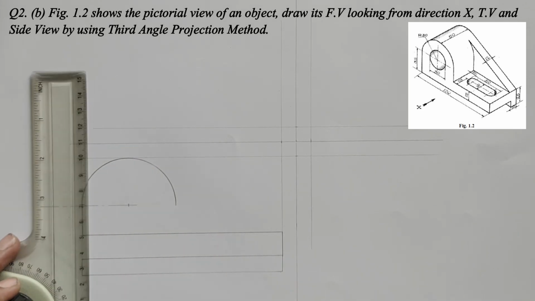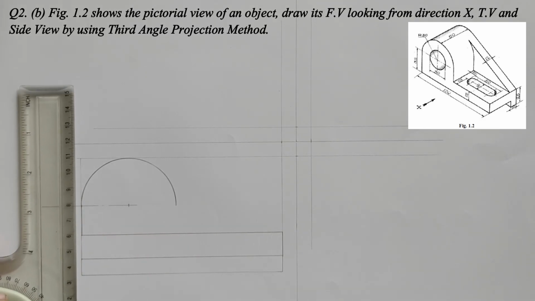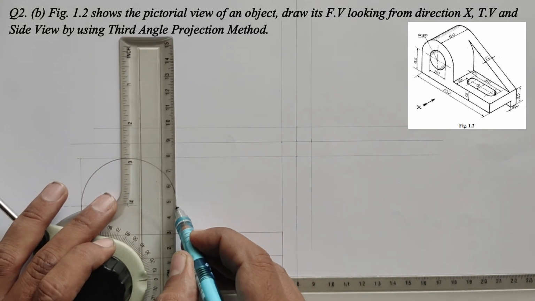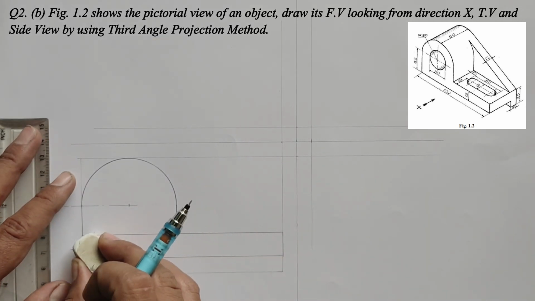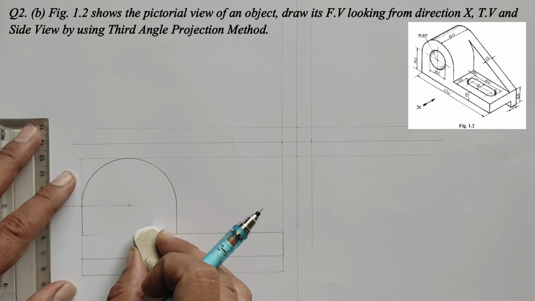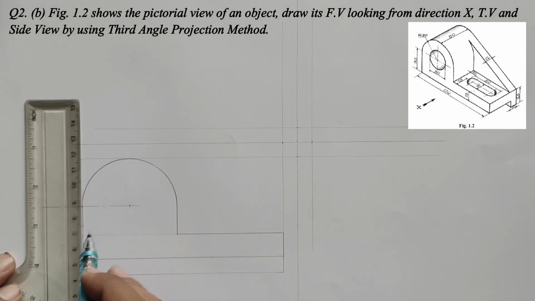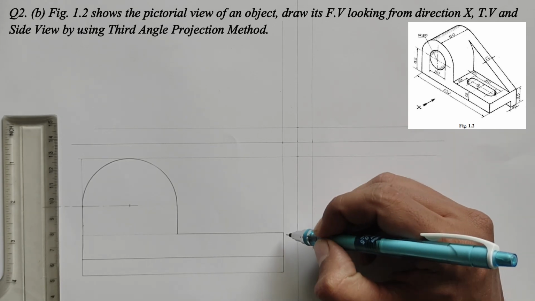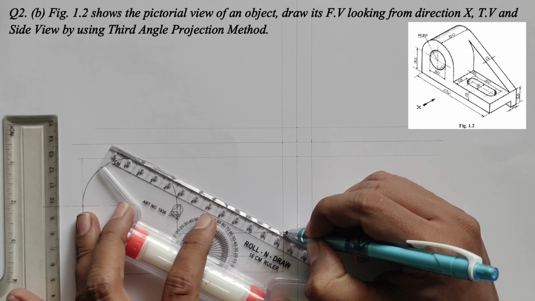This is dark till the bottom here. Here it is dark up to this point, and this line is not given to us in the question. Then you have to take a rib from this corner tangent to this.